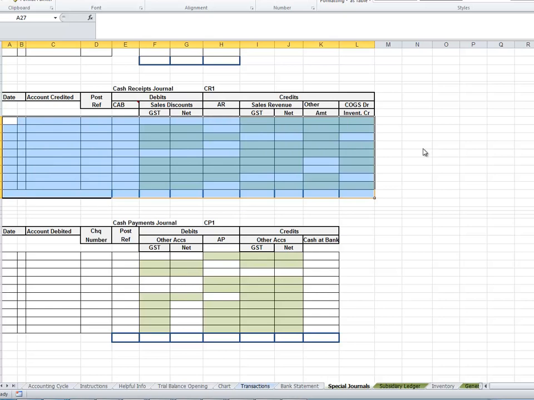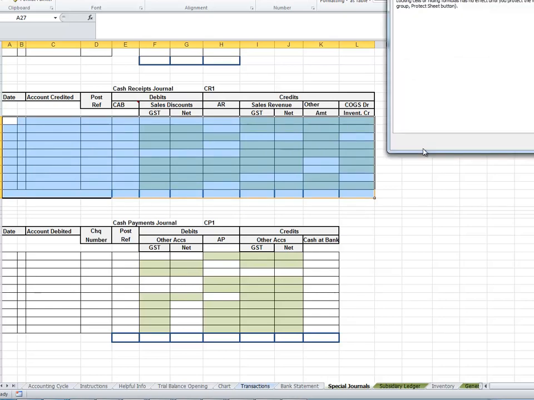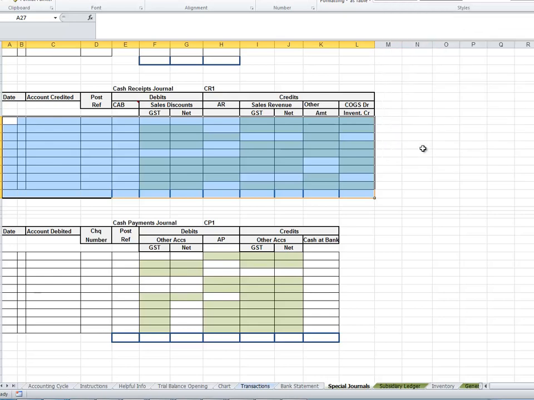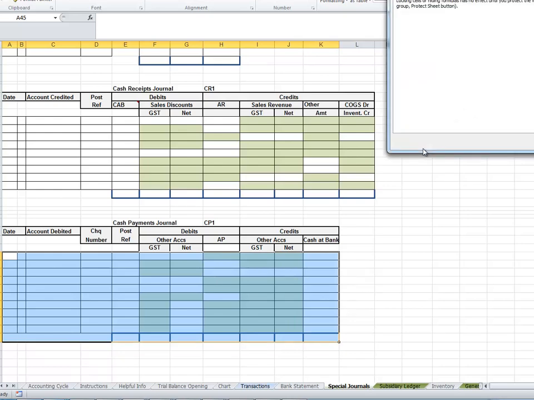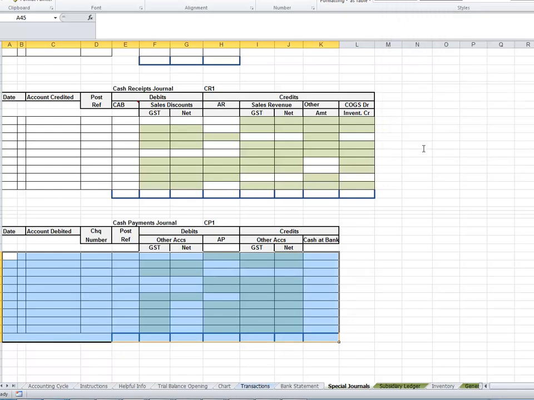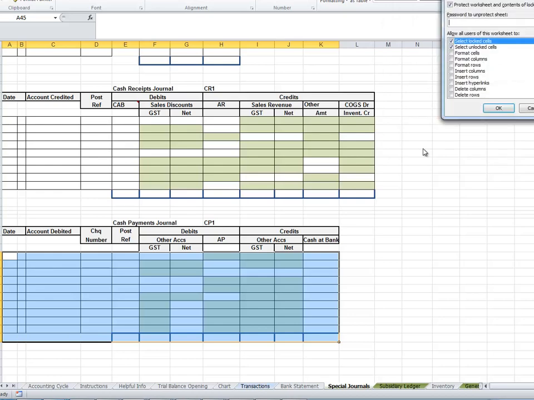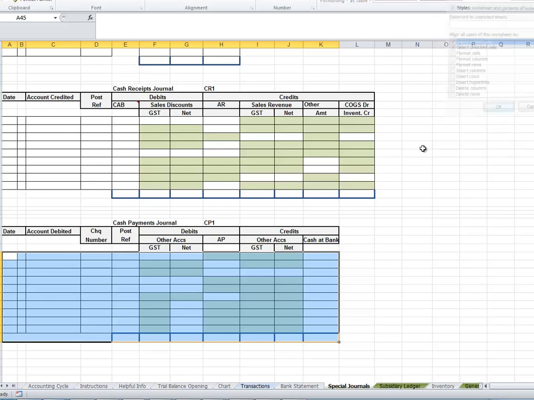Format cells, they're all unprotected. Format cells, they're all unprotected, so it's only ones that we want to be protected. Now go back and protect the sheet again. Don't put in a password, just OK.